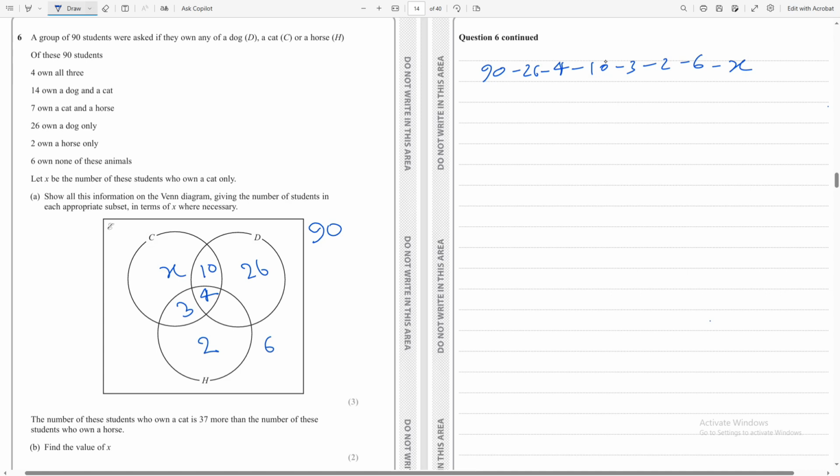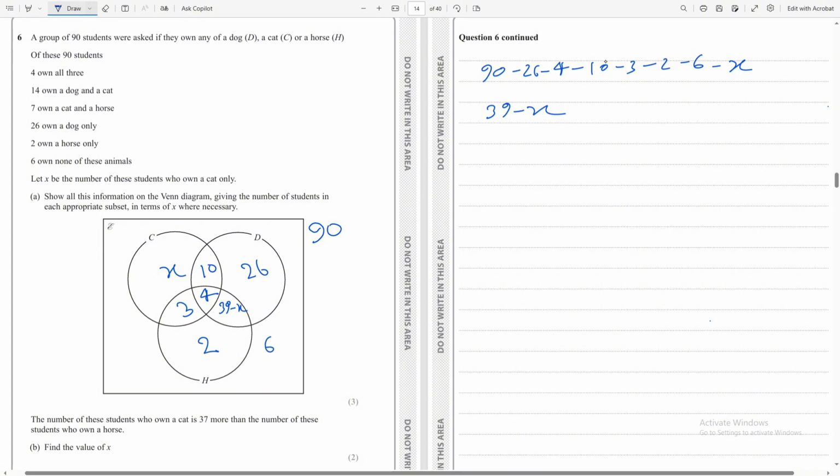If you subtract all of them, we get 39 minus x. So we will write here 39 minus x. Now we have our Venn diagram complete.